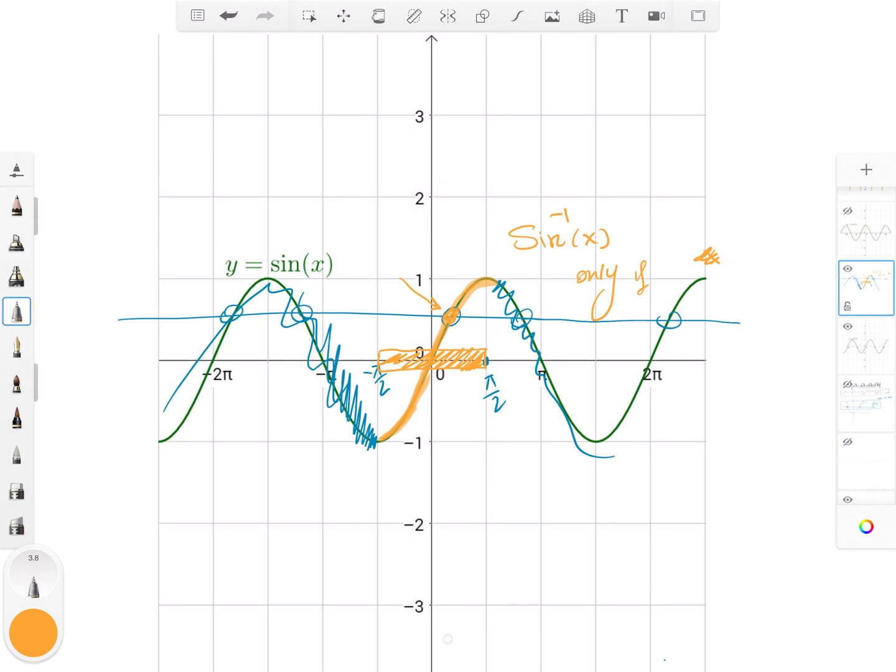So for example, if I say y equal to sine of x, then sine inverse of y will be equal to x.